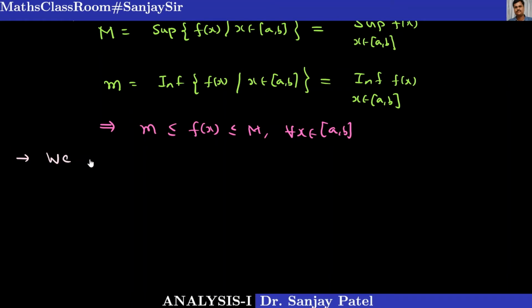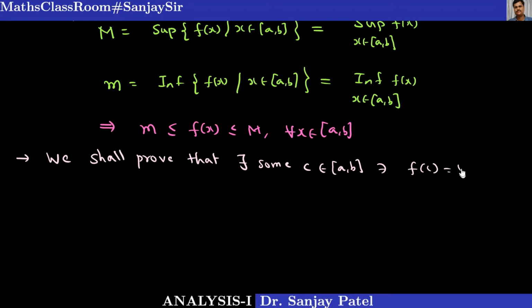So we shall prove that there exists some point C in closed interval a comma b such that f of c is equal to capital M, that is maximum value, or you can say least upper bound of the function fx. This will be proving by contradiction.